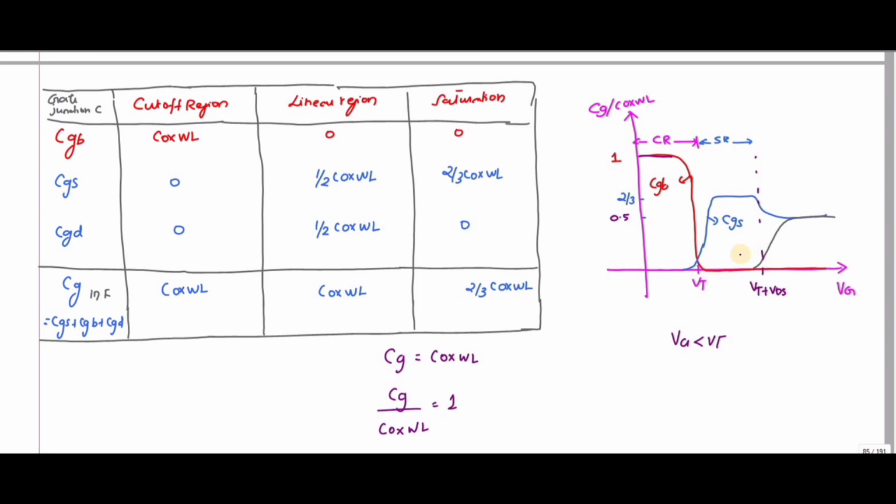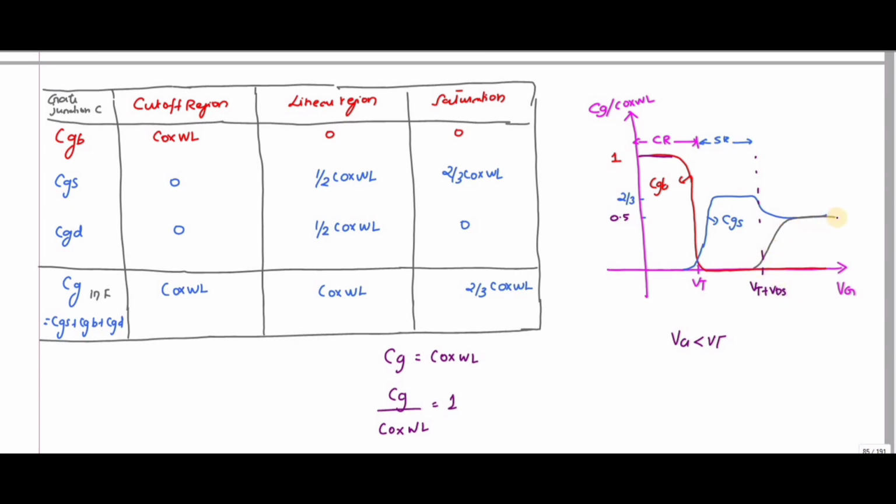Since the VG value is greater than VT, whenever VG is greater than VT plus VDS, it goes to the linear region.